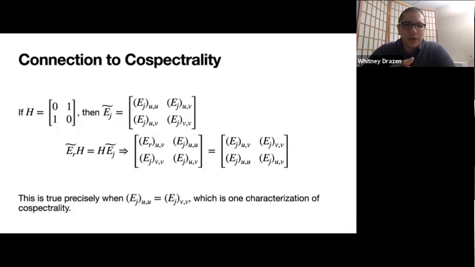And so since those two matrices are equal, we know that the UU component of E_J and the VV component of E_J are the same. And this is one of the characterizations of cospectrality.